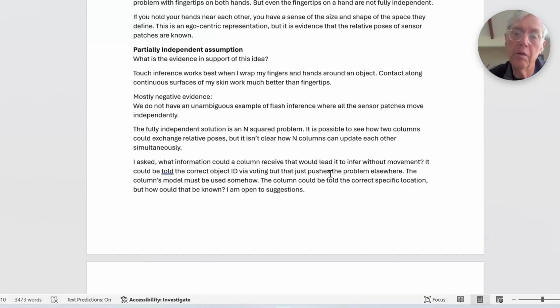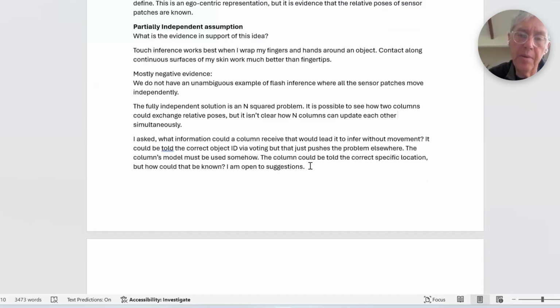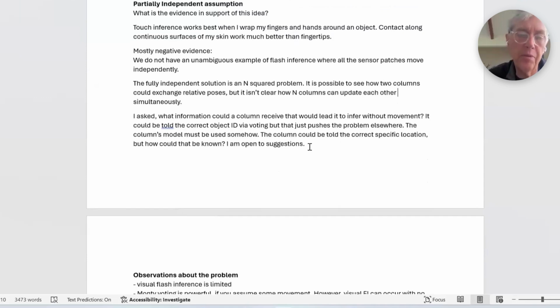I'm not clear how that would work. I said it can be told the correct object ID. That's what we do in voting, but that just pushes the problem elsewhere. Somehow it seems like I need to use a column's model. But I think you gave a partial answer to this question. I said I'm open to suggestions, and you at least proposed one.